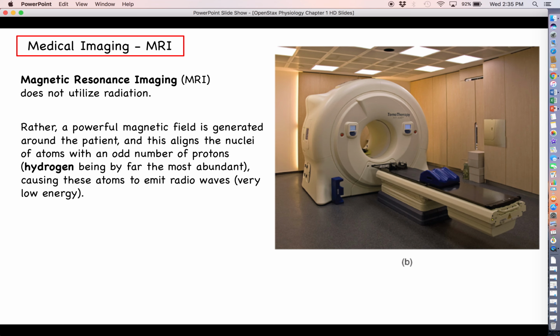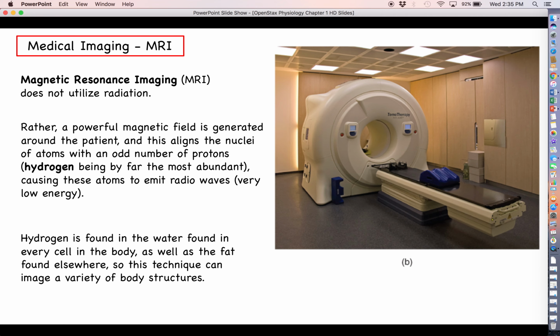When hydrogen or some other atom that has an odd number of protons is exposed to the magnetic field, these atoms are going to emit radio waves. And like we said, radio waves have a very low energy, so there should be minimal risk here. The reason why this is important, and the reason why MRI imaging is so diverse and multifaceted, is that hydrogen is found everywhere in your body.